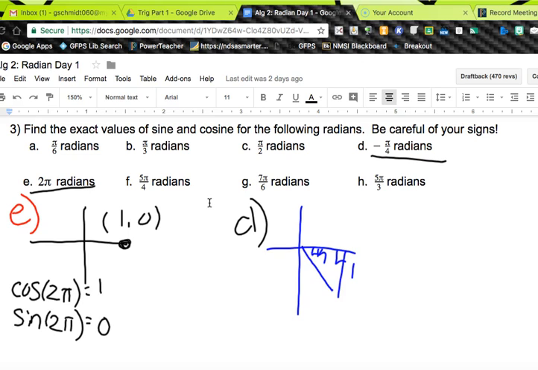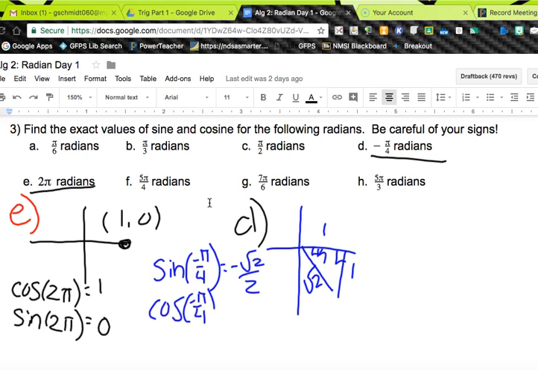Yes. So just like in degrees, a negative radian just means you measure it down. So then sine here, positive or negative? Negative what over what? Perfect, root 2 over 2. Cosine, positive or negative? Positive, root 2 over 2. So once you know that angle, you're fine. It's doing exactly what we have been doing.